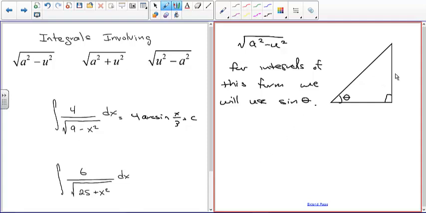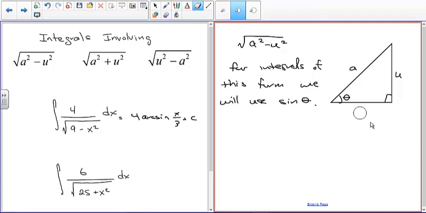So if I let the opposite side from the angle equal u, and the hypotenuse equal a, and I'm trying to figure out what this unknown side is, let's call it something unusual.